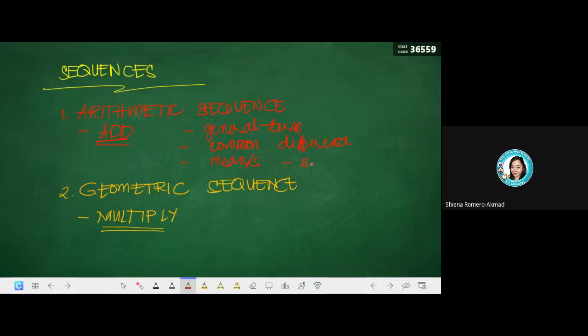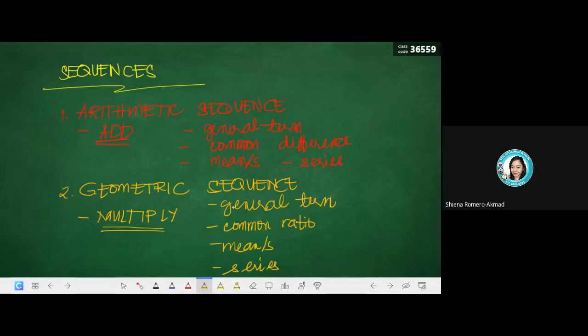And then we also have the series. The series, ina-add natin lahat ng terms. Sa means, kinukuha natin yung mga terms in between non-consecutive. So, ganun din kay geometric. We have the general term, the common ratio, the mean or means, and the series. So these are all the topics that you had for the past few modules.